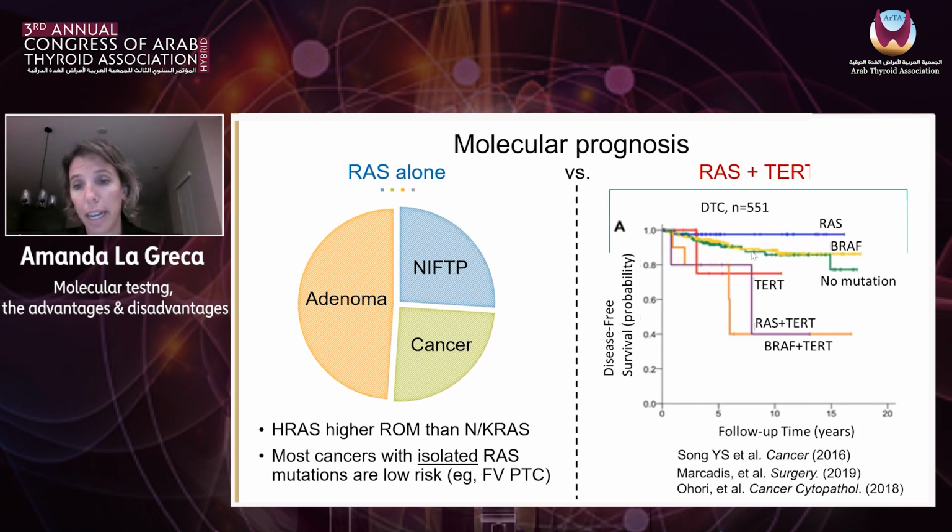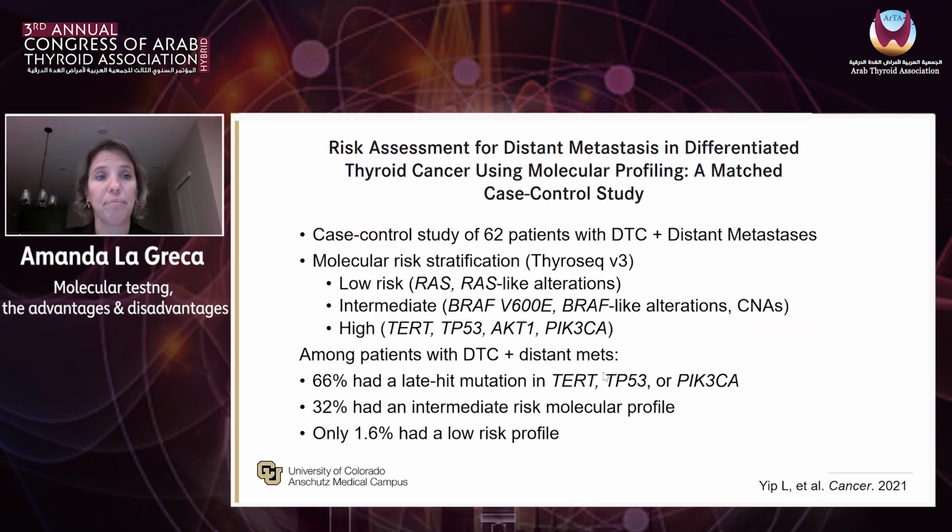Now, if you combine RAS and TERT, or RAS or BRAF plus TERT, the disease-free survival goes down considerably. So the combination is what confers a worse prognosis rather than isolated RAS, isolated BRAF, even isolated TERT. And these are all the studies that were published around this area.